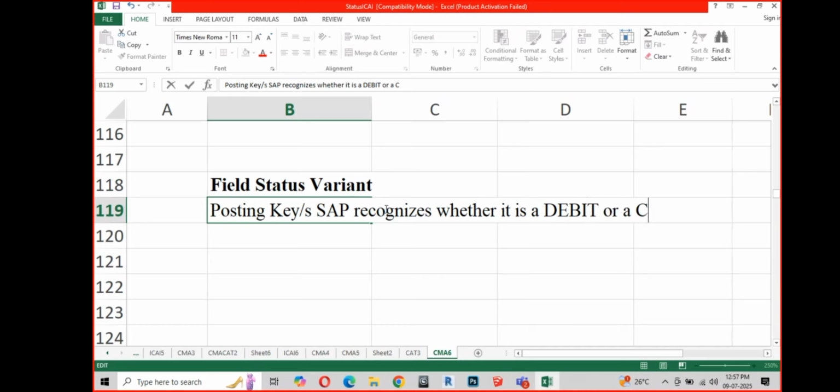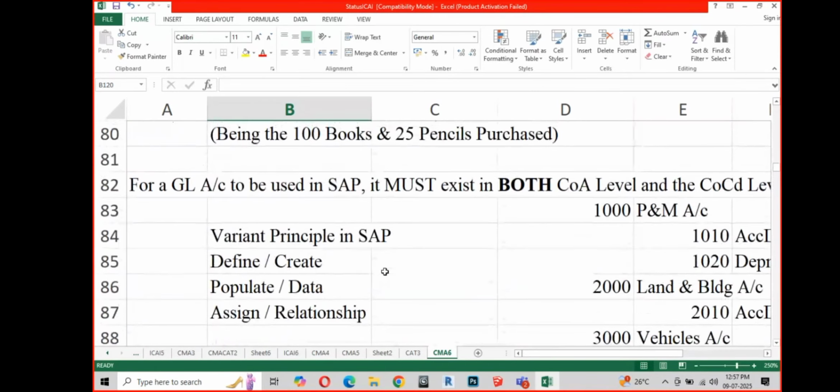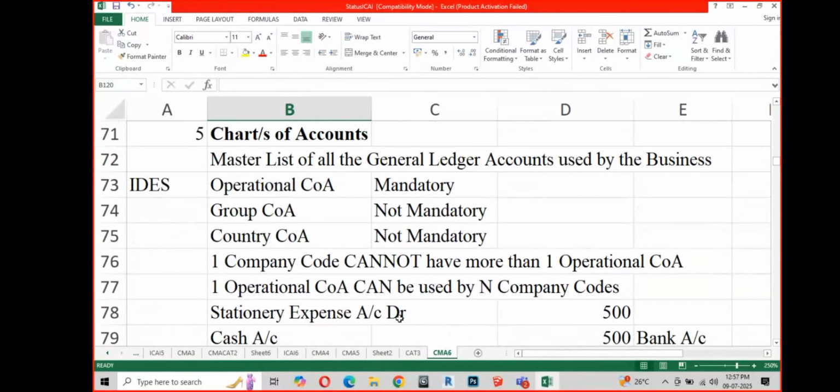SAP will not understand your English DR. Poor SAP will not understand this DR and CR. It has its own way to understand whether a specific account is debited or credited by means of something called posting keys.